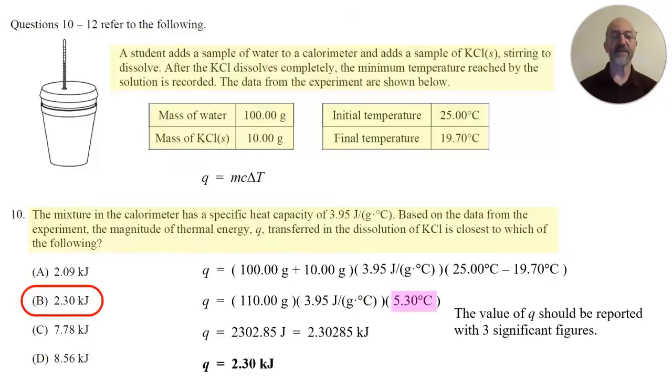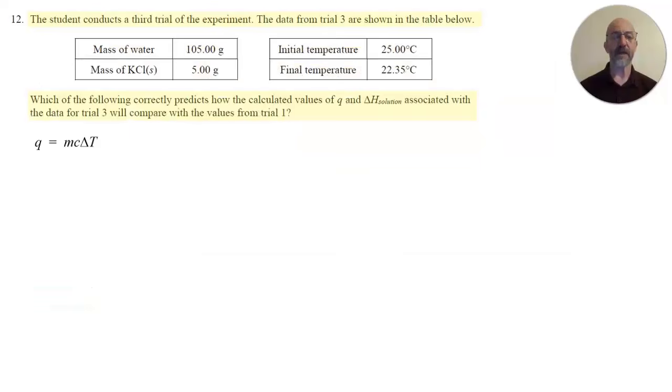Let's go ahead and repeat that calculation, but this time using 5 grams of potassium chloride. It will still be the total mass of the solution, which is the sum of both the potassium chloride and the water. That would be 105 grams of water plus 5 grams of potassium chloride. So that is a total mass of solution of 110 grams.